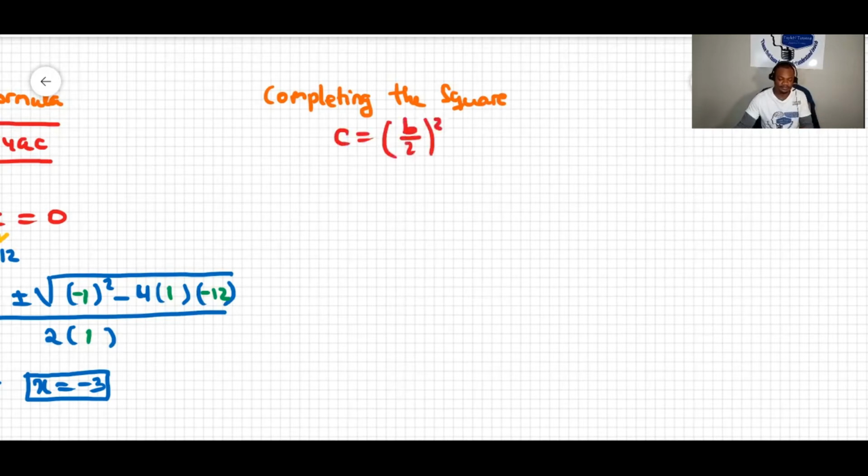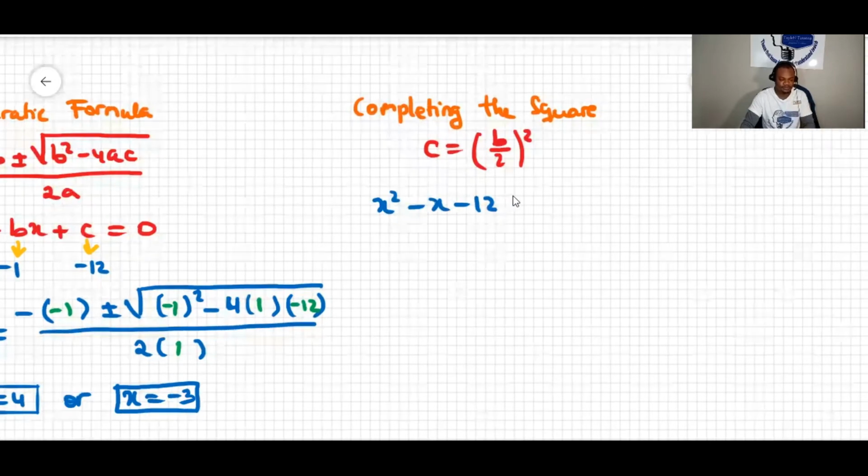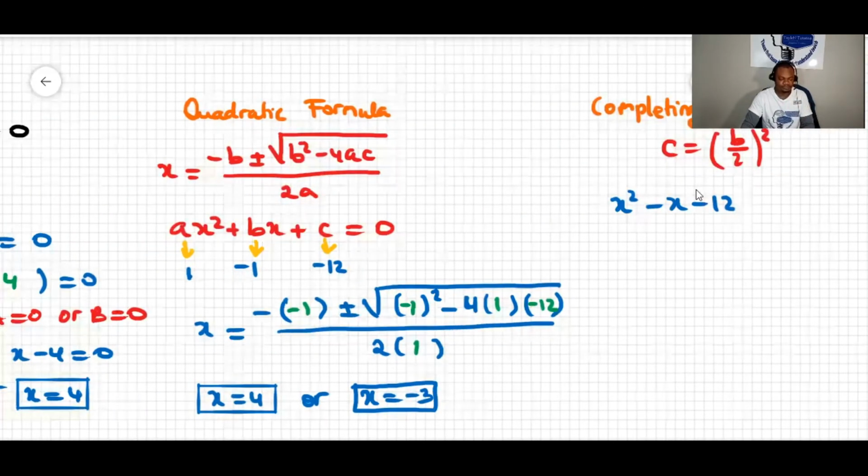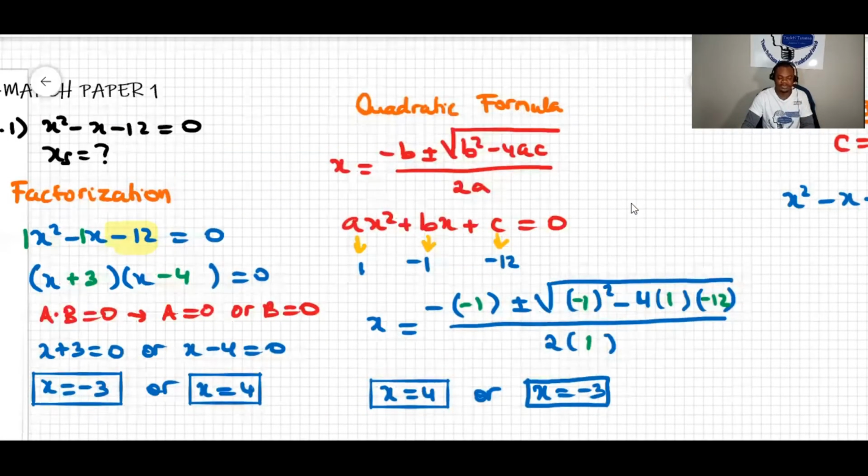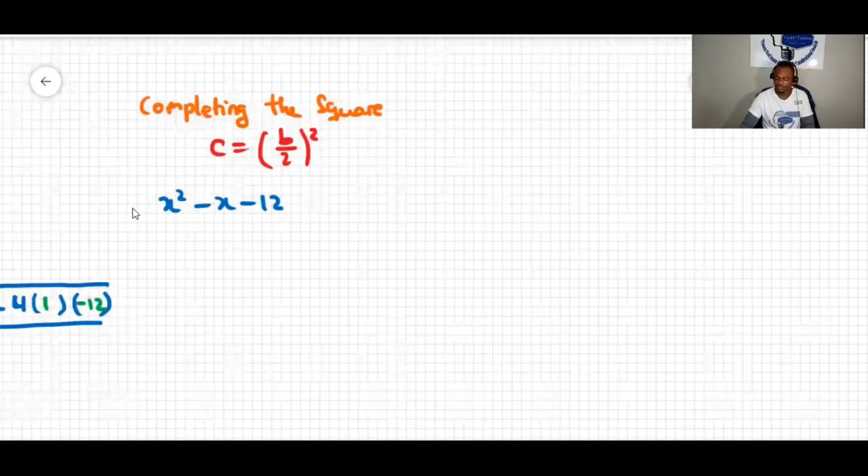You'll see why. We have x squared minus x minus 12, that was the question. Yes, x squared minus x minus 12 equal to 0.